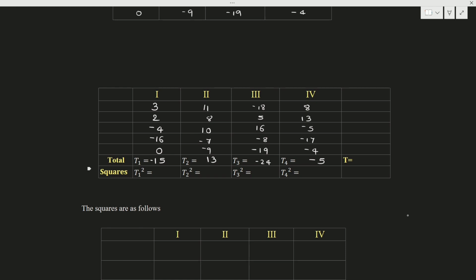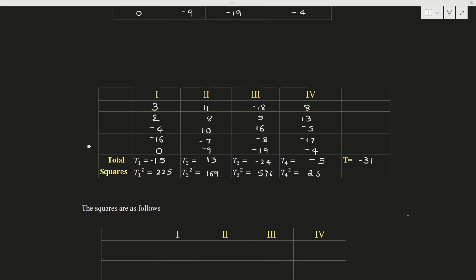T1 square, minus 15 square, is 225. 13 square is 169. 24 square is 576. And 5 square is 25. Total T is T1 plus T2 plus T3 plus T4. Minus 15 plus 13 minus 24 minus 5 is minus 31.